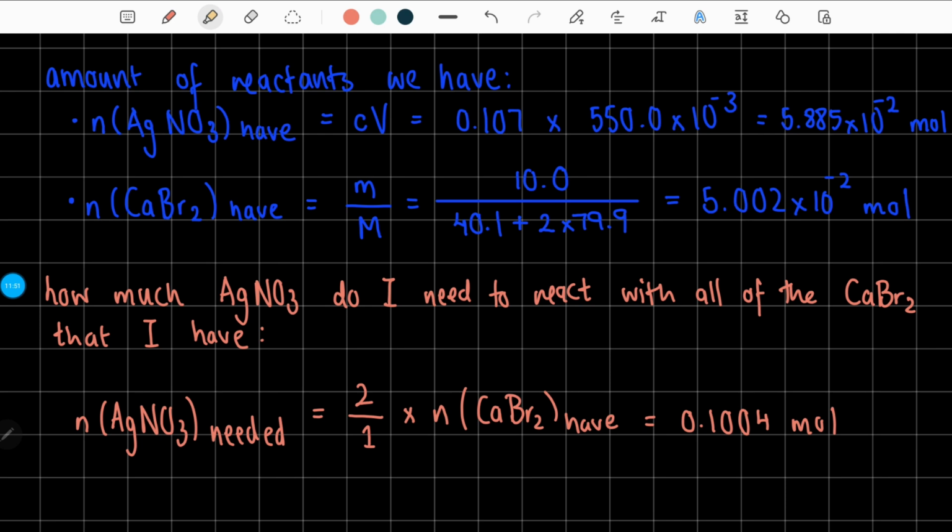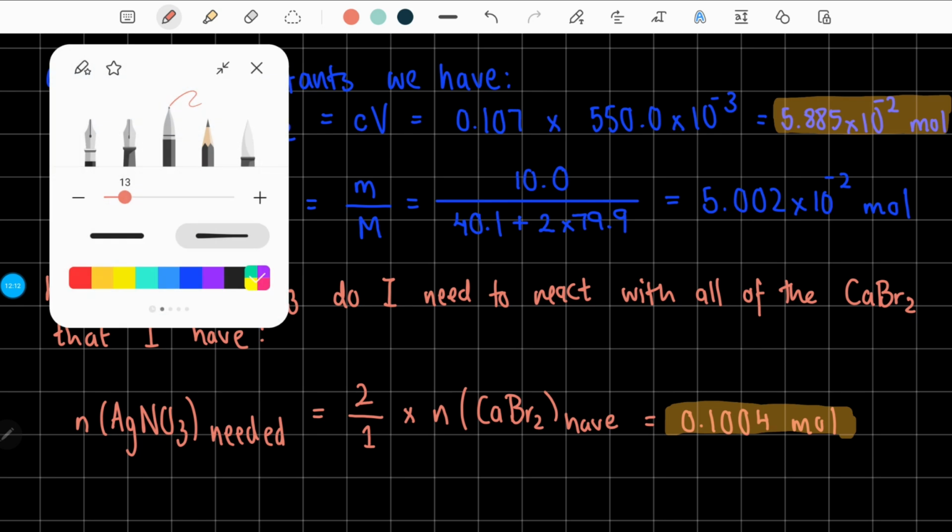Okay, now this is where I can figure out what is limiting and what is excess. What I have to do is compare this value, which is the amount of silver nitrate that I need, to this value, which is the amount of silver nitrate that I actually have. Okay, now by comparing these two, let me change the color.